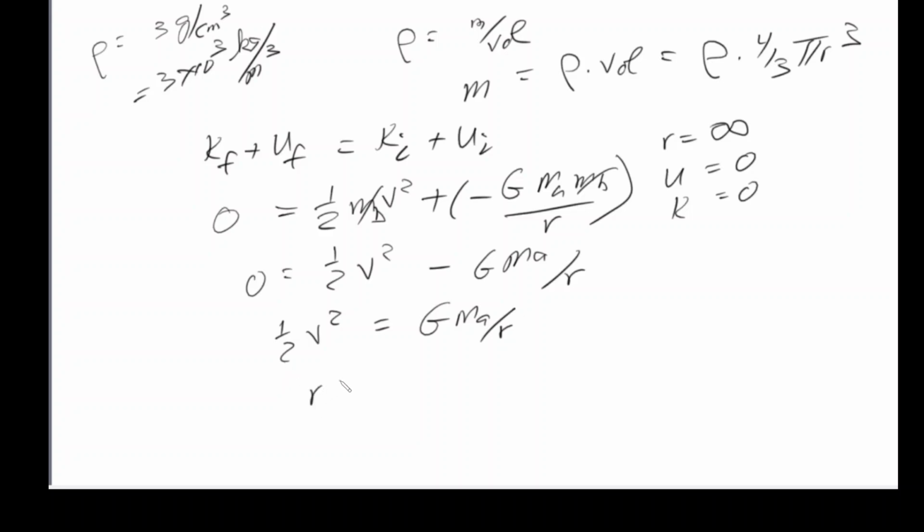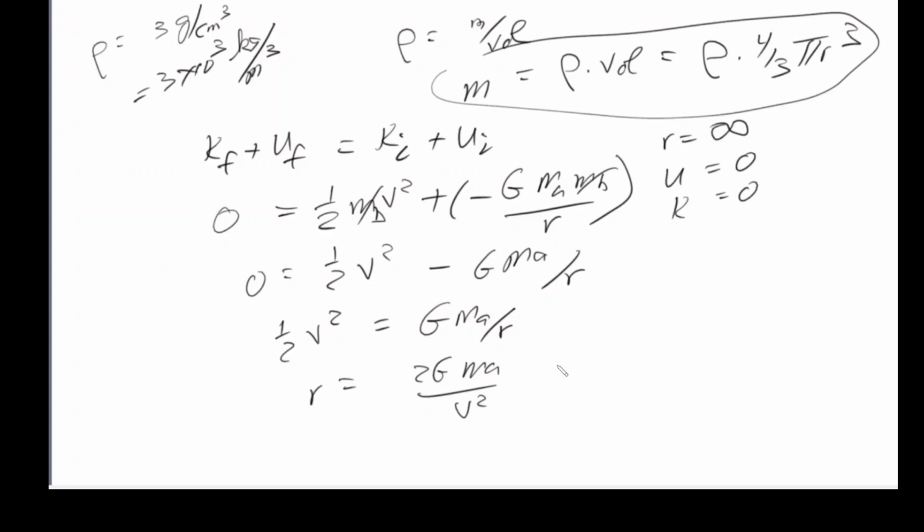Or r is equal to 2G times the mass of the asteroid over v squared. Now, we found the mass of the asteroid up here, so this becomes 2G times density times 4/3 pi r cubed over v squared.